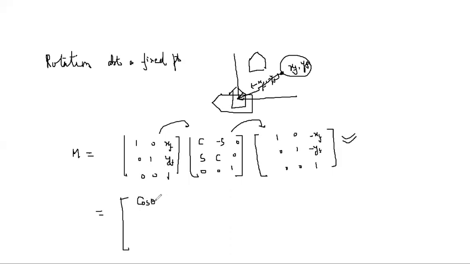In the first row: cos theta, minus sin theta, and then xf times (1 minus cos theta) plus yf sin theta.